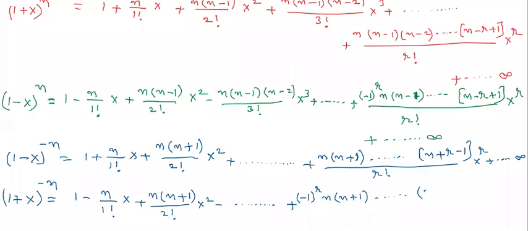Here we get n plus r minus 1 divided by r factorial into x power r plus and so on infinite.